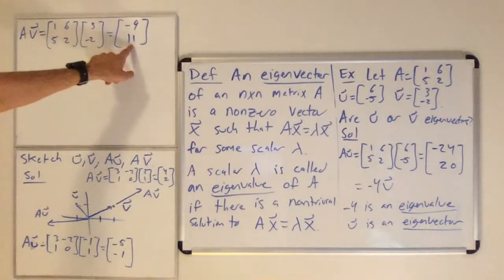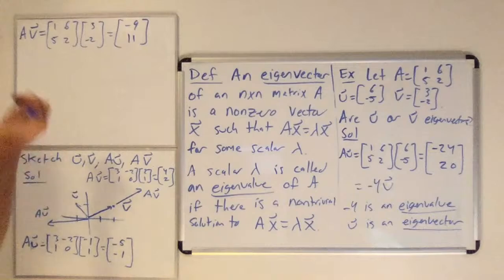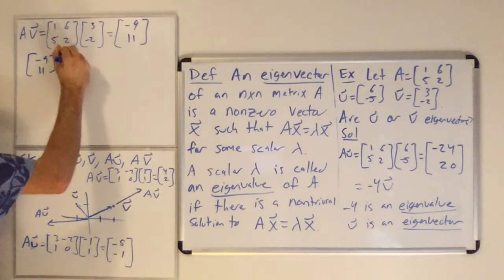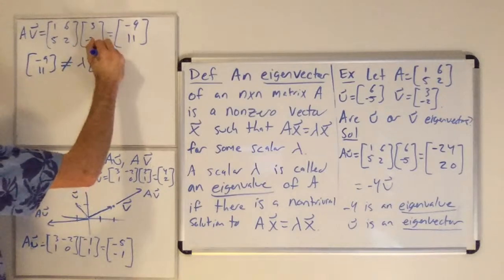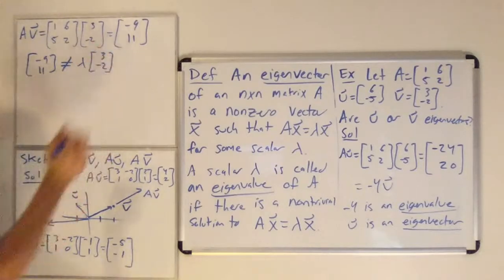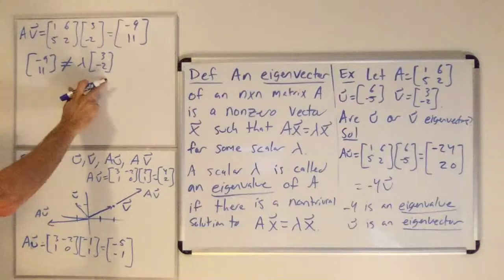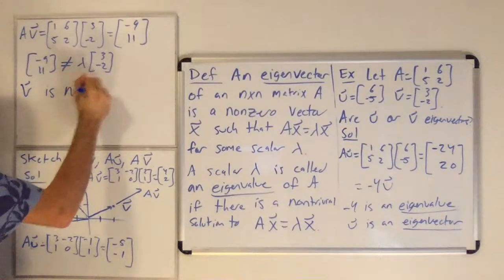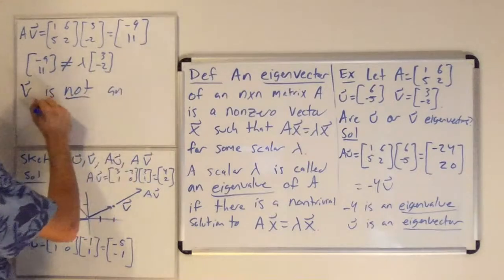And this is not a scalar multiple of 3, -2. So this is not an eigenvector. So v is not an eigenvector.